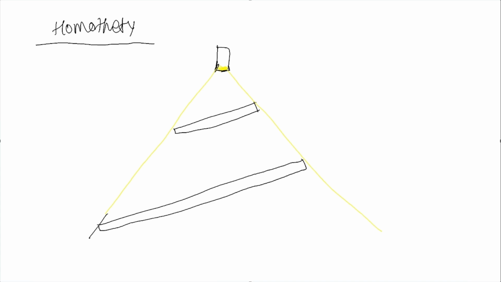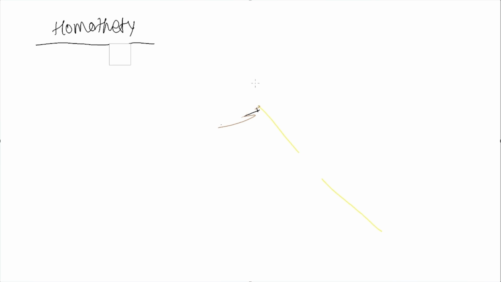This is the original stick, and what we end up getting is a shadow that's a magnified version of it. So in a way, we're scaling from this light to go from the stick to its shadow. This makes us wonder, can we apply this shining light idea into geometry? Well, as it turns out, we can, and this is precisely the idea of homothety.